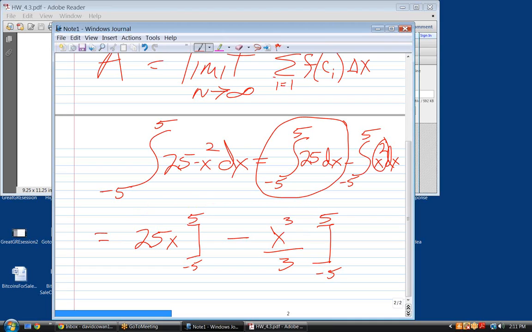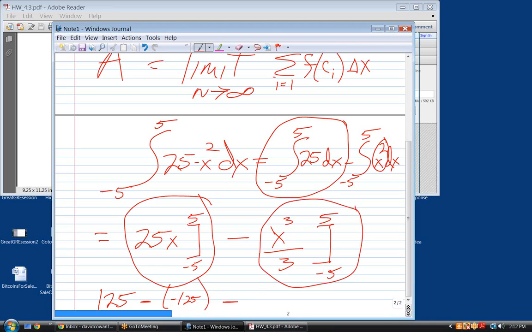In other words, this one here is 125 minus a minus 125. This one over here is, and if you don't understand these numbers, holler. I'm going to assume that if you don't say anything, you understand how I got them. And this is 125 thirds minus a minus 125 thirds.